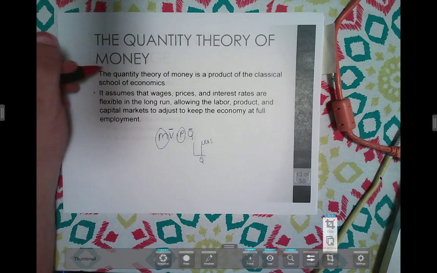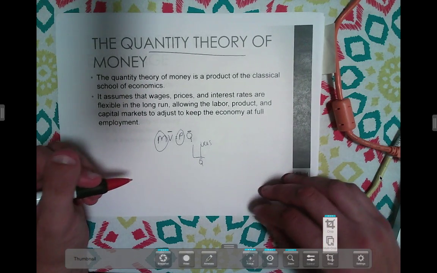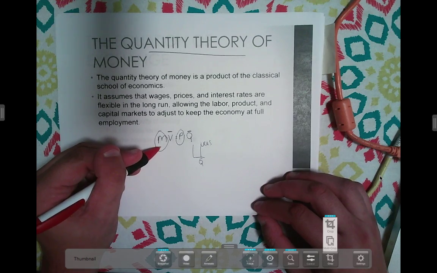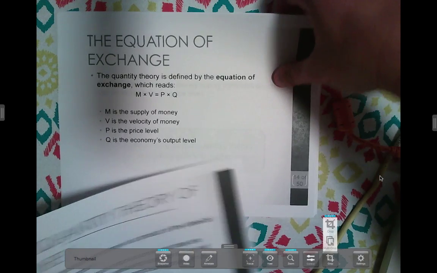And that's exactly what we see in this quantity theory of money. Changing the quantity of money changes the prices.